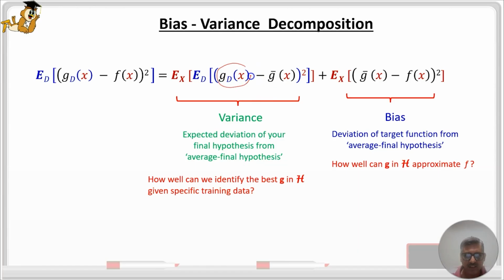G_D of x is the specific G you got for your particular data set. How different is it, or how far away from the best G in H is it? G_D of x is clearly influenced by the specific training data set D. How far is it away from the best possible G in H? That's the variance, right?